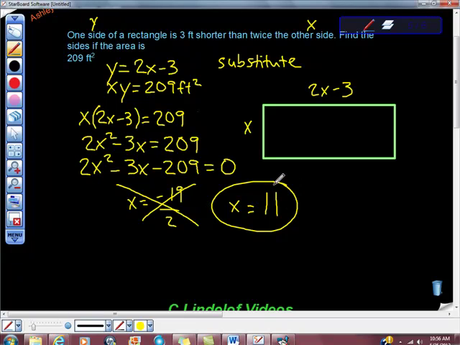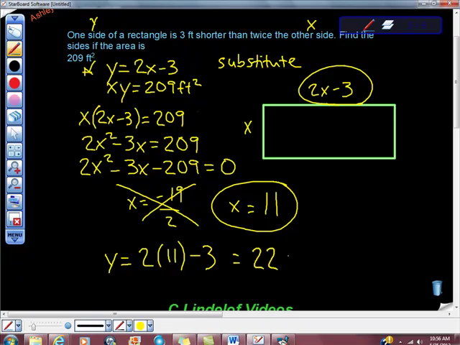So you would substitute this back into the rectangle right here, or you can look at it in the original equation right here. So you would do y equals 2 times x, which is 11, minus 3, which equals 22 minus 3, which is 19.